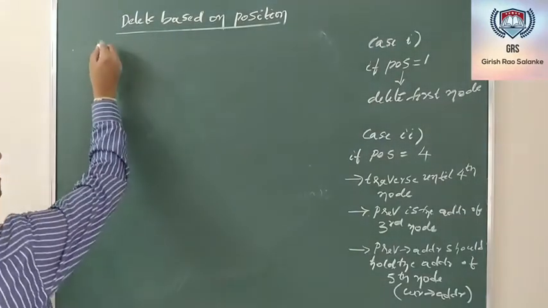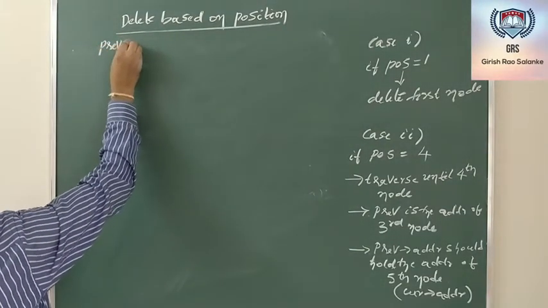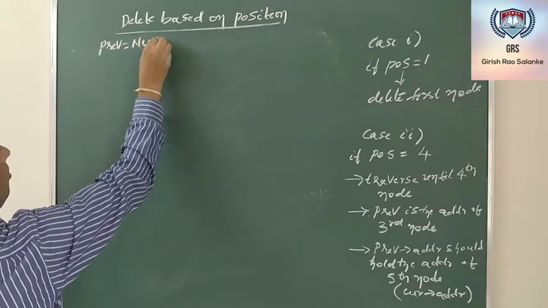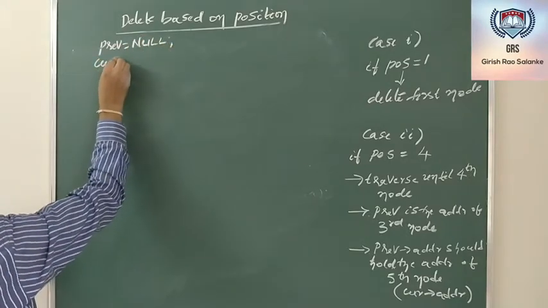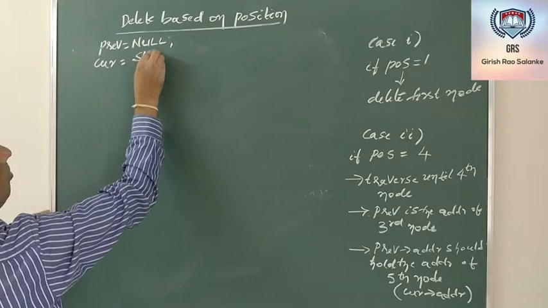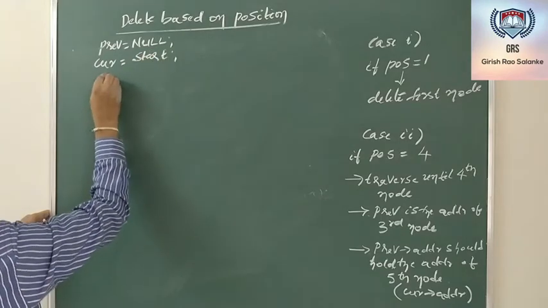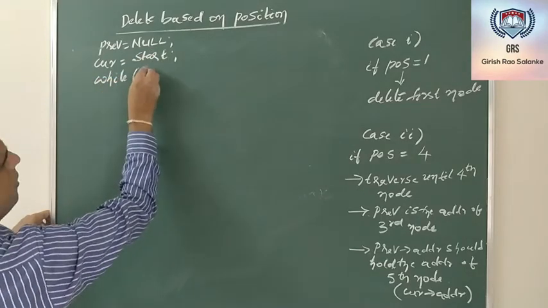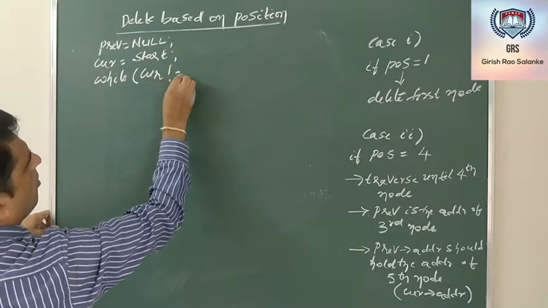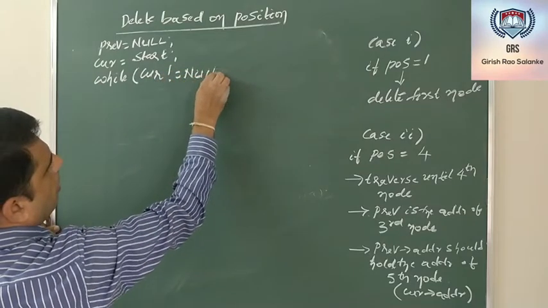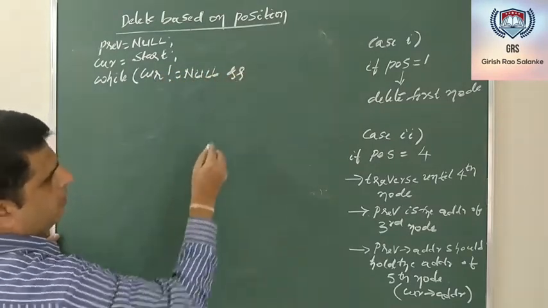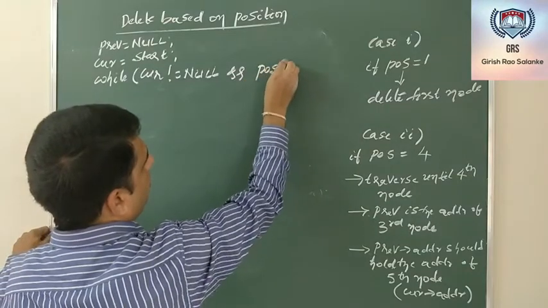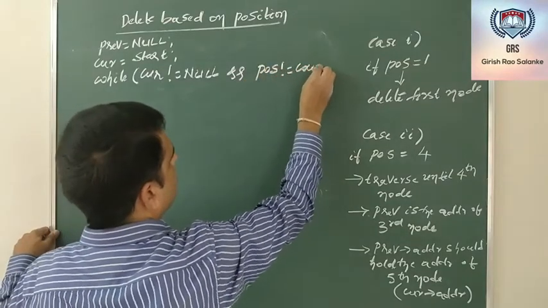What I will do: previous is equal to null, current is equal to start, while current not equal to null and position not equal to count.